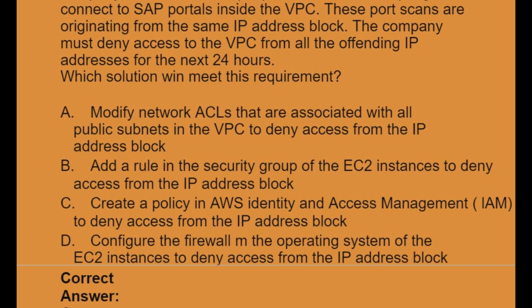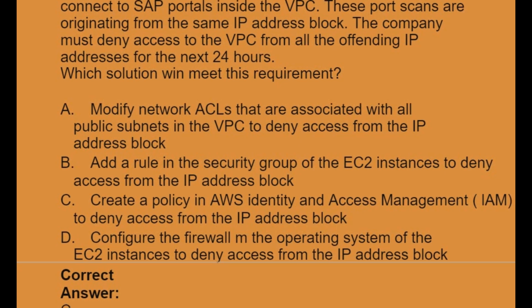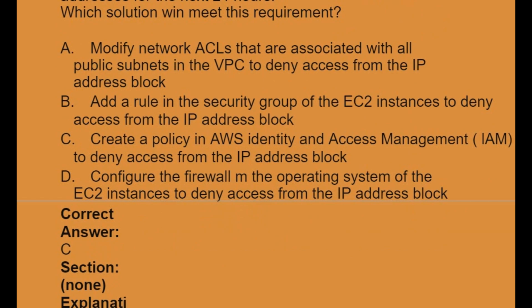Option C. Create a policy in AWS Identity and Access Management (IAM) to deny access from the IP address block. Option D. Configure the firewall in the operating system of the EC2 instances to deny access from the IP address block. Correct answer is option C.